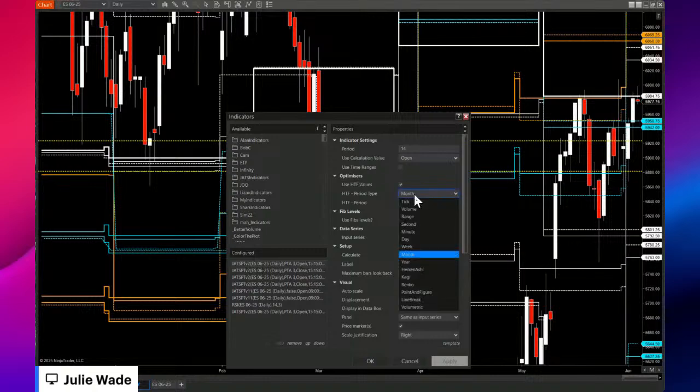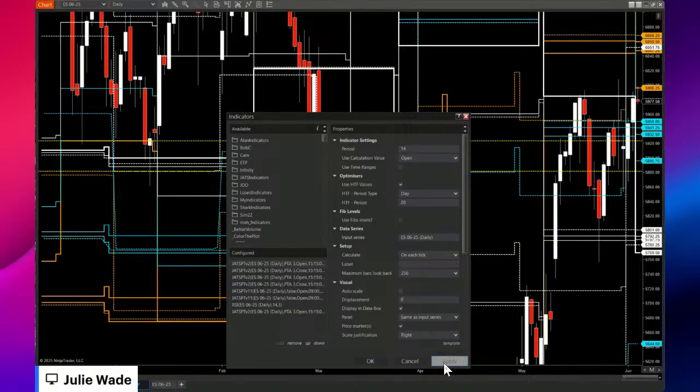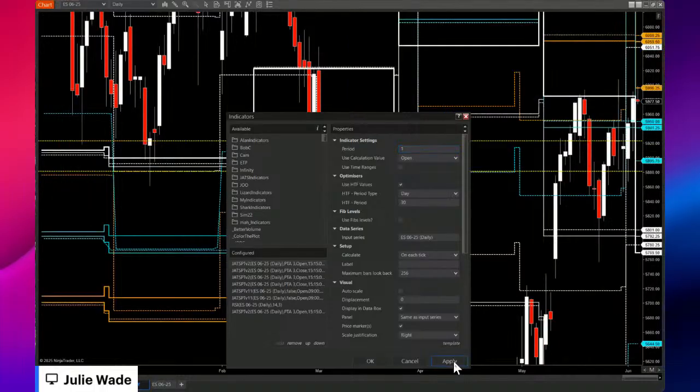If I change this to 30-day, like a calendar day, or 23 days, or 25 days, whatever you like to use for a month, maybe you like to use a 20-day month instead, then you can check where these levels are. But usually it's a 30-day or a 14-day for the calendar.